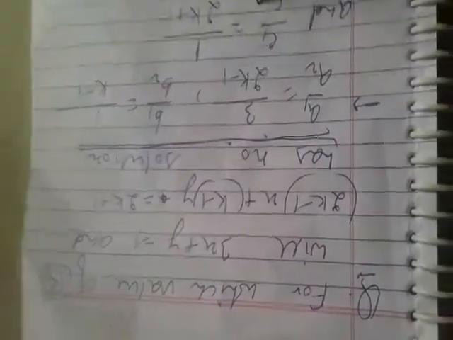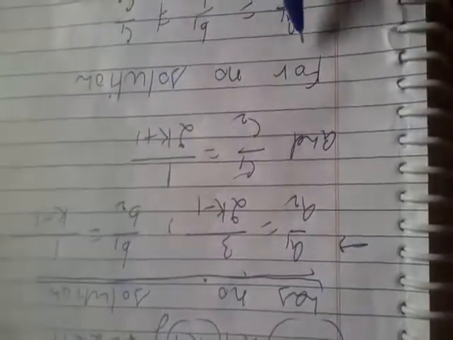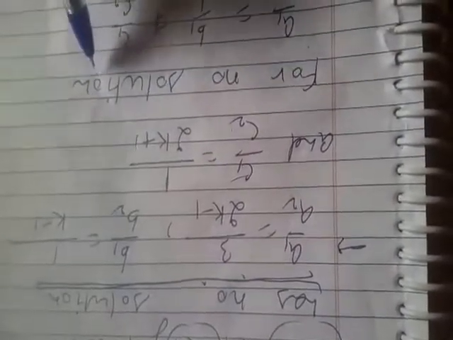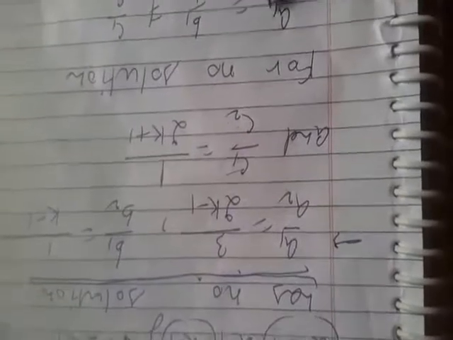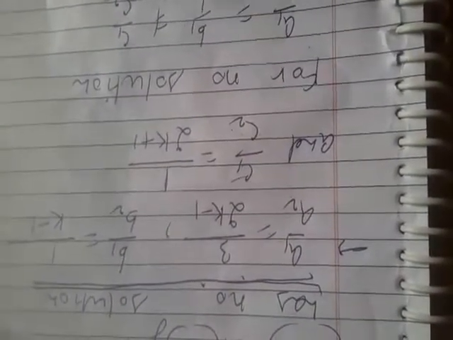We have obtained a1 by a2 is equals to 3 by 2k minus 1, b1 by b2 is equals to 1 by k minus 1, and c1 by c2 is equals to 1 by 2k plus 1. As we know, for no solution, a1 by a2 should be equals to b1 by b2, but none of them should be equal to c1 by c2.